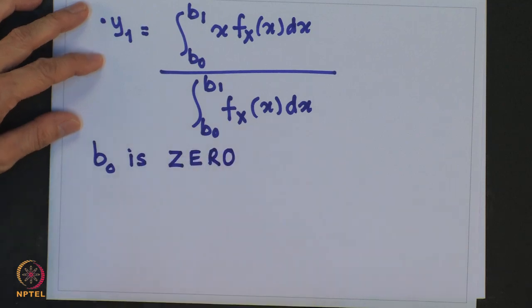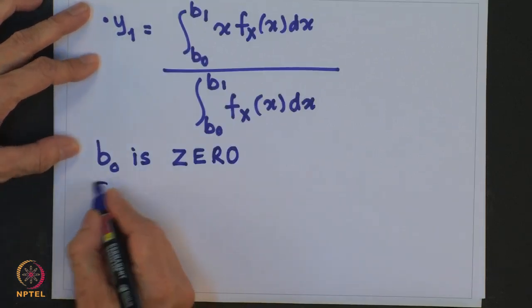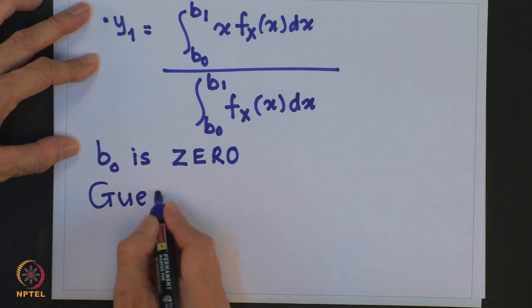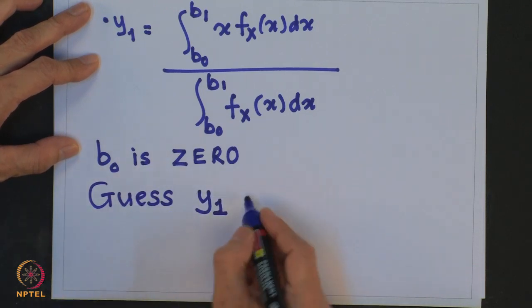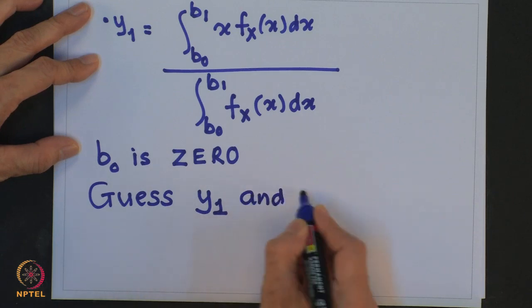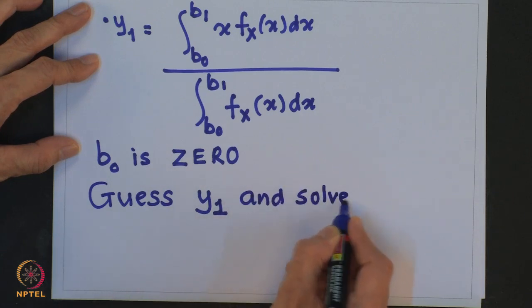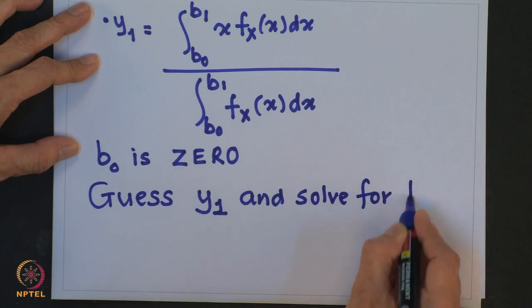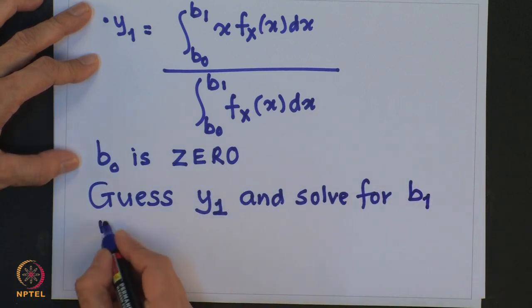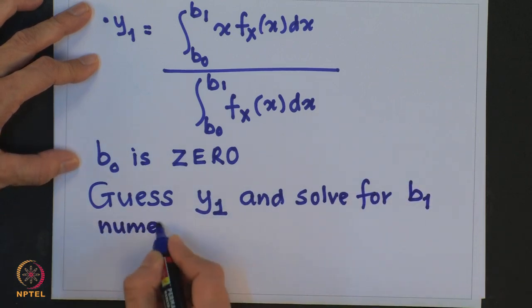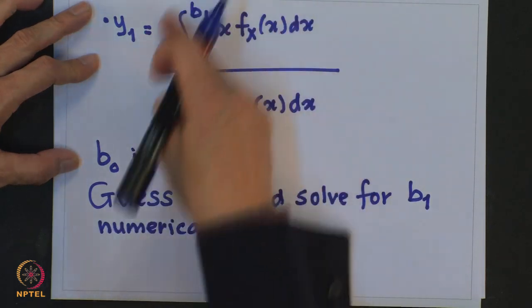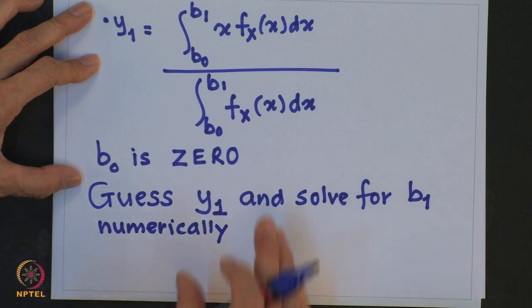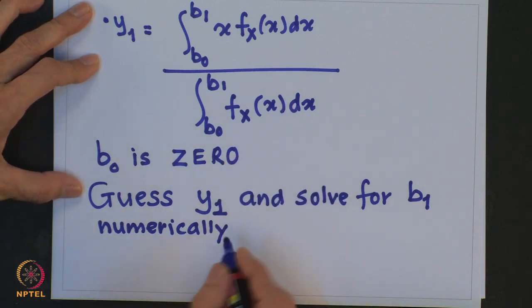Then what we do is guess y1 and solve for b1 numerically from this equation, correct. So, I will get my b1.